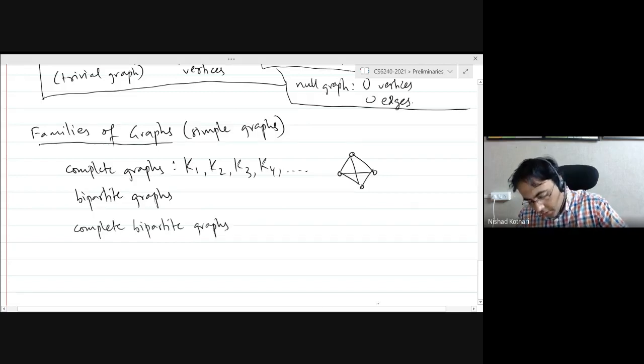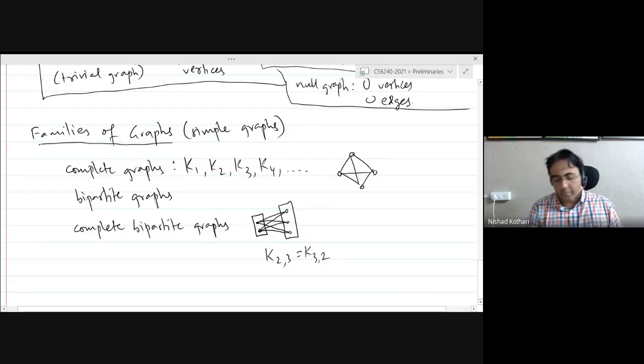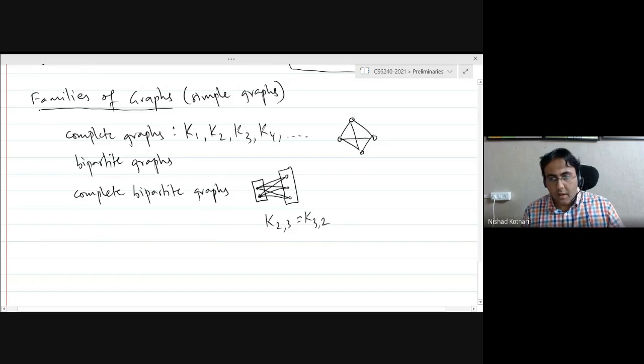You put some number of vertices on the left side, some number of vertices on the right side, and you join each vertex on the left to each vertex on the right. So this is K23, or if you like K32, doesn't matter. Okay, good. So far everybody is familiar with these terms.